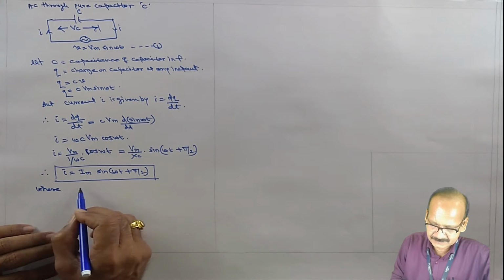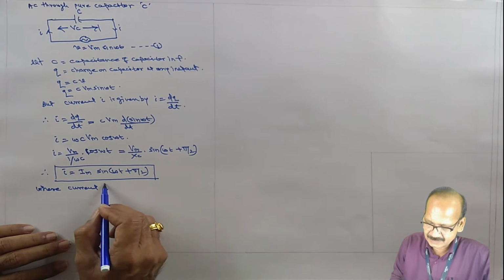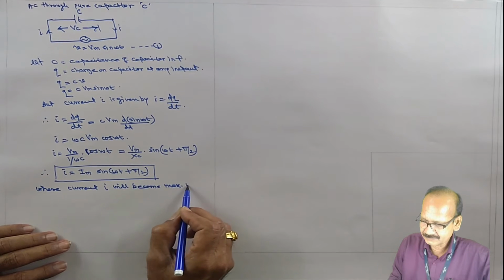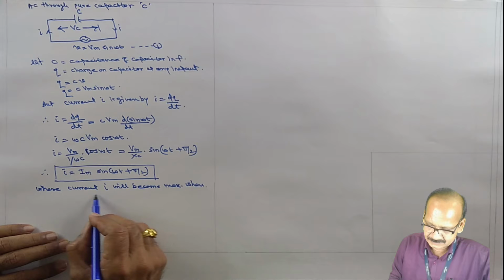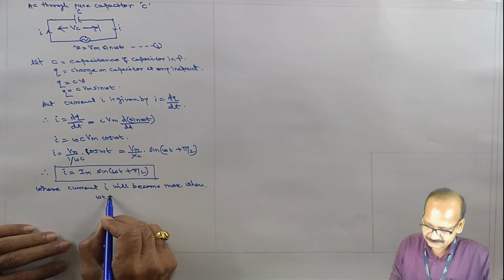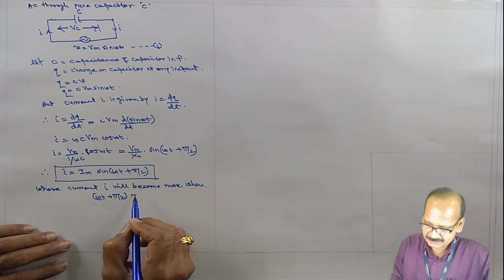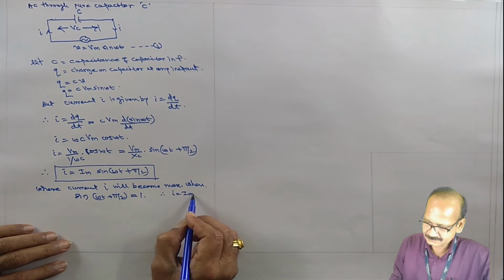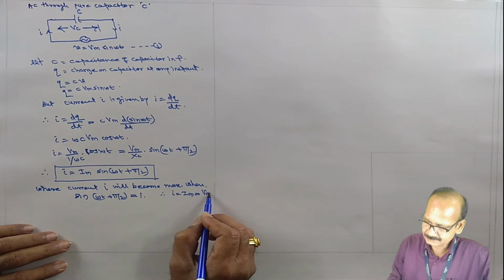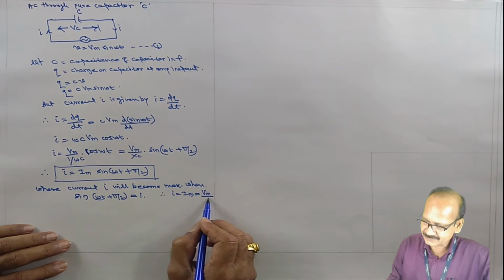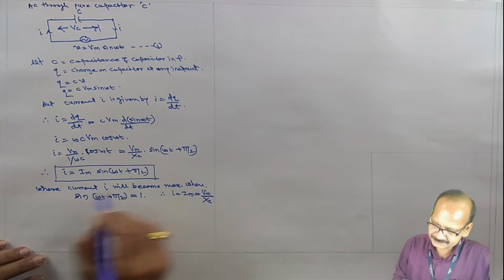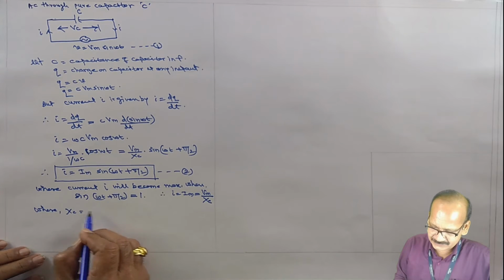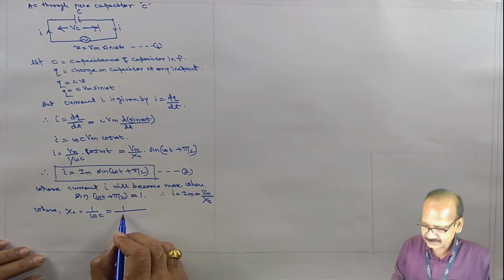Where current i will become maximum when sin of omega t plus pi by 2 equals 1. So i equal to Imax equal to Vmax upon Xc, which is equation 2, where Xc equal to 1 upon omega C equal to 1 upon 2 pi fC.